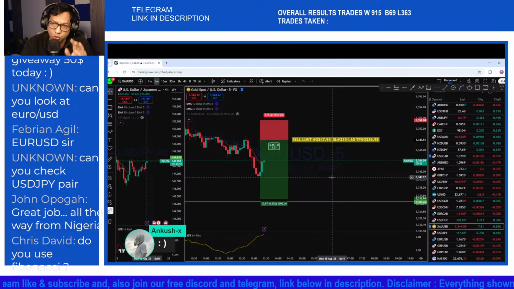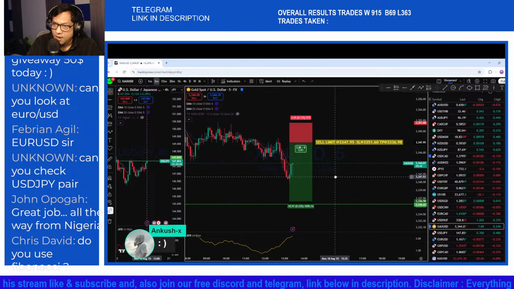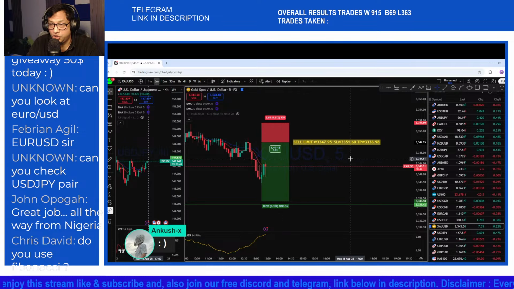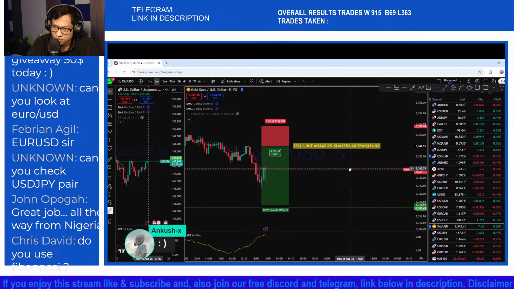Here is the market slowly trying to build up pressure back to the upside, and that is where we're looking to see the price potentially turn back here to that key level of resistance line.